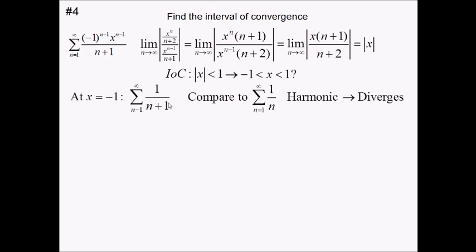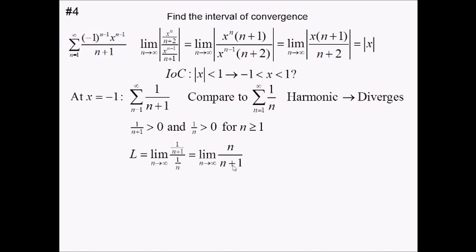To do that, we have to verify that the original is greater than 0 and the harmonic is greater than 0. And this is going to be true for n greater than or equal to 1. So now, limit comparison: we have L equaling the limit as n approaches infinity of the original over the comparison, so 1 over n down there. Same change flip, we've got n over n plus 1.